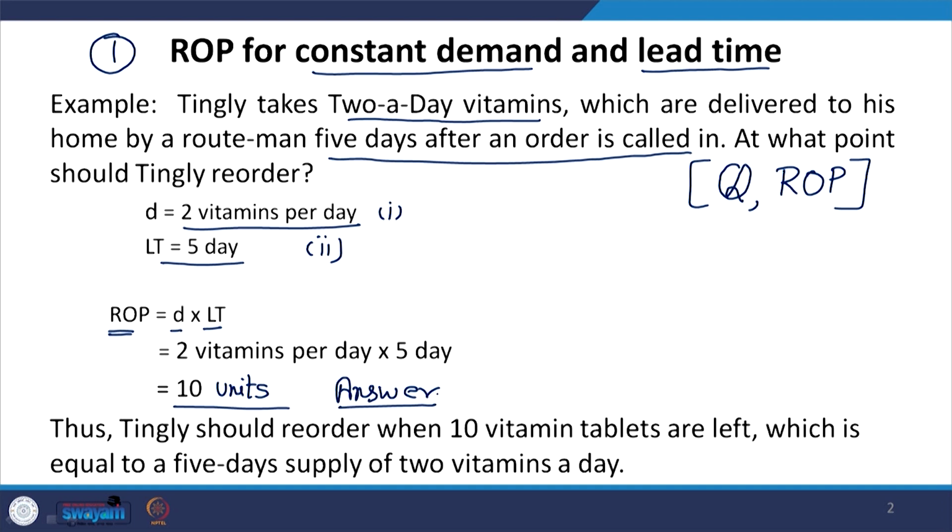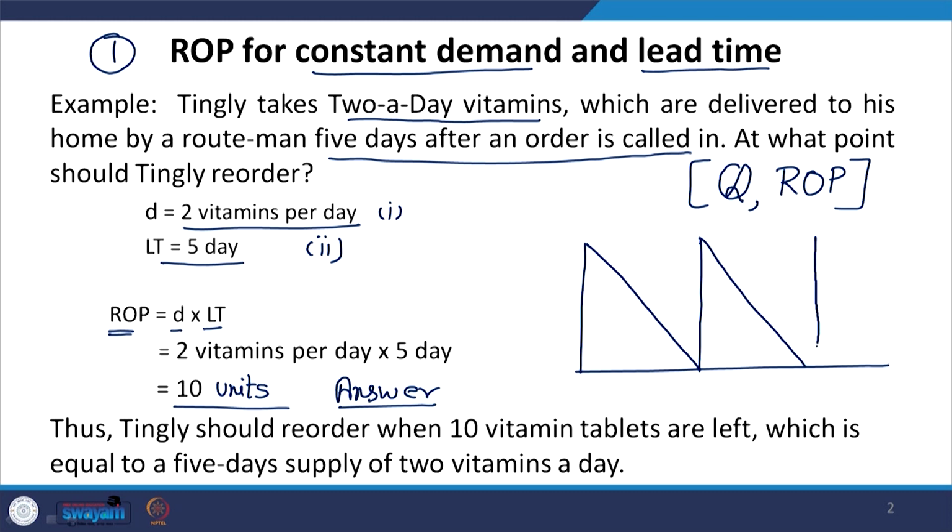So, if you go to this particular sawtooth pattern, since I do not know the annual requirement, I am not able to tell you this Q at the moment, but whenever the stock reaches this point, this is my ROP, that is equal to 10 units, and this is the lead time, that is 5 days.